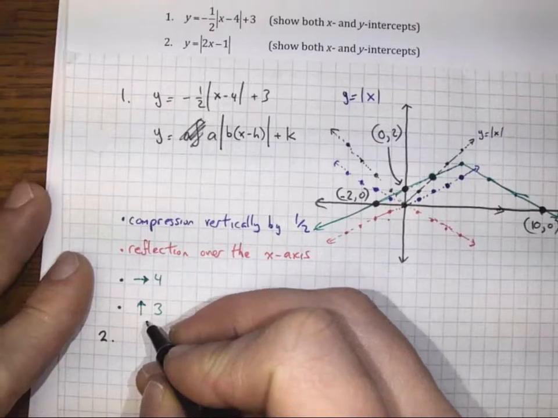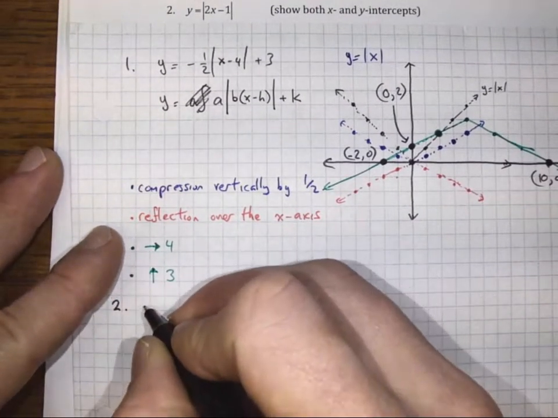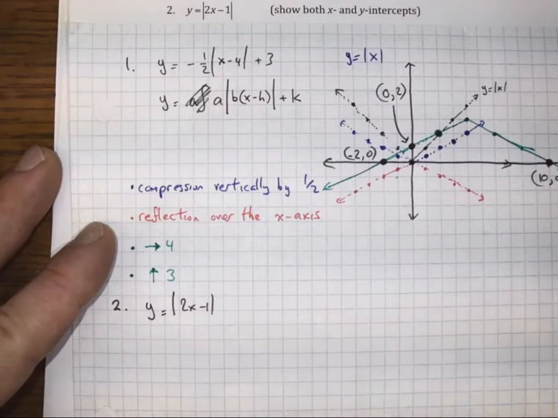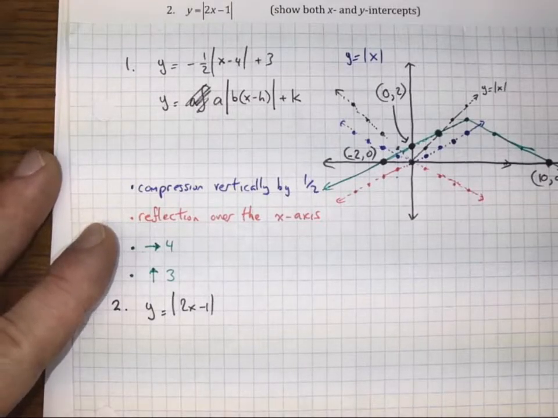Okay, so I'm going to slow that down a bit. All right. There we go. Y equals the absolute value of 2x minus 1.